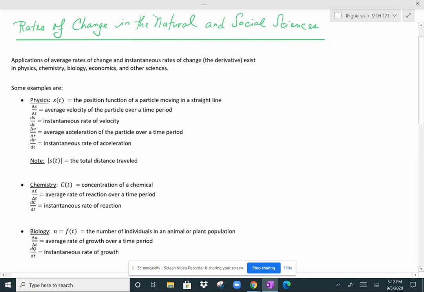But remember, you can also take the derivative of your velocity, and that will give you your acceleration, the instantaneous rate of change of velocity. And the average acceleration is found by doing change in velocity over change in time. So all of these represent slopes.